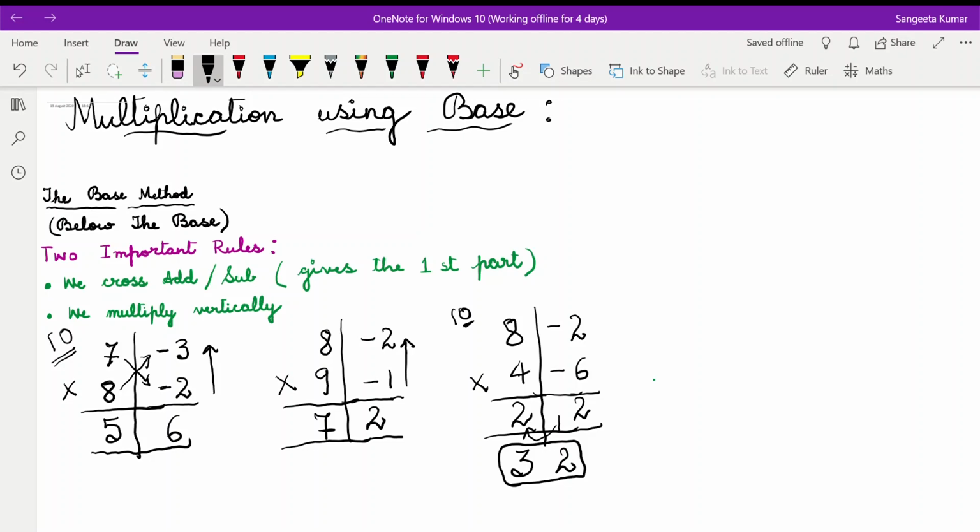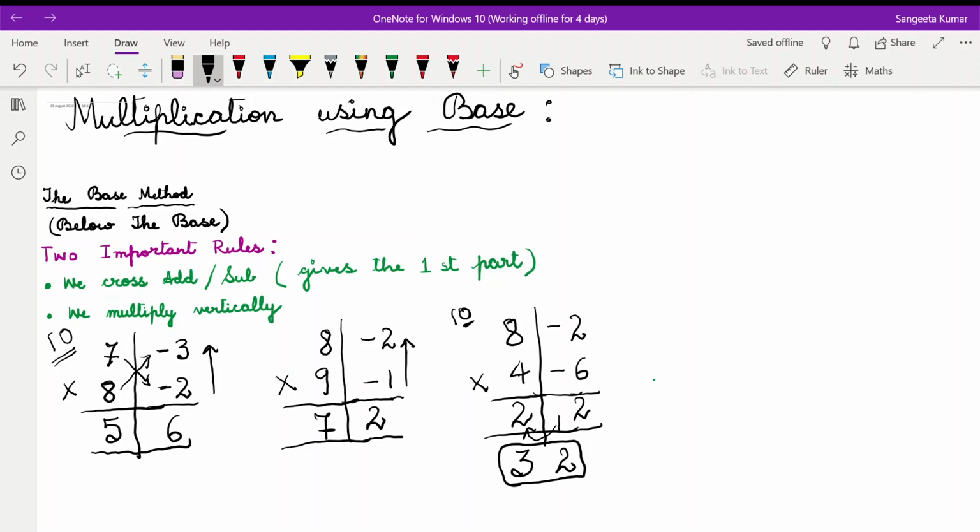And if two digits are there, one digit will be carried over. Another important thing is, for both the numbers we have to take a common base. If for 8 we are taking 10 as our base, then for 4 also we have to take 10 as our base. We cannot have different bases.